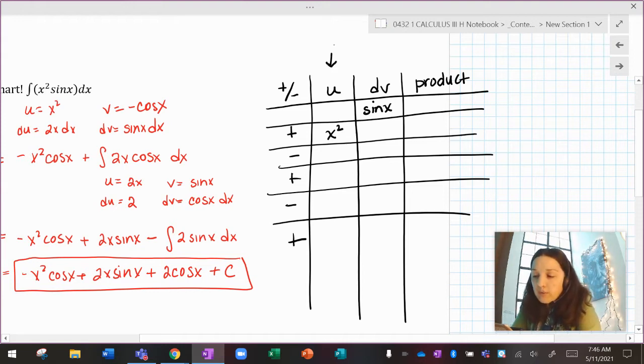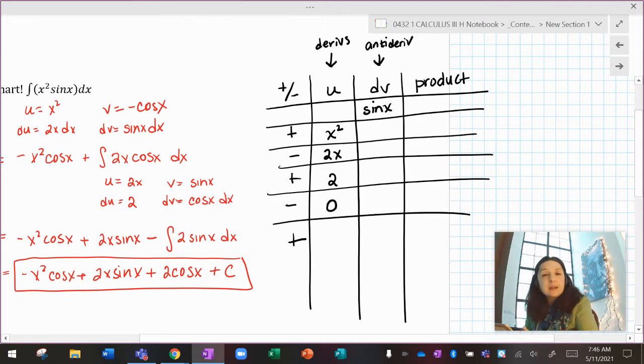As we work down this column, we take derivatives as we go down. As we work down this column, we do antiderivatives. Okay? So in this column, the derivatives of x squared would be 2x, 2, and 0. And then I can stop. Once I get to 0, you stop.